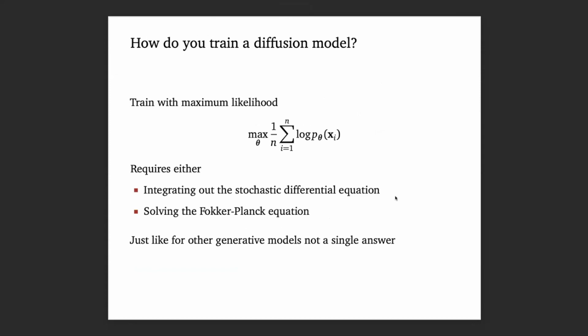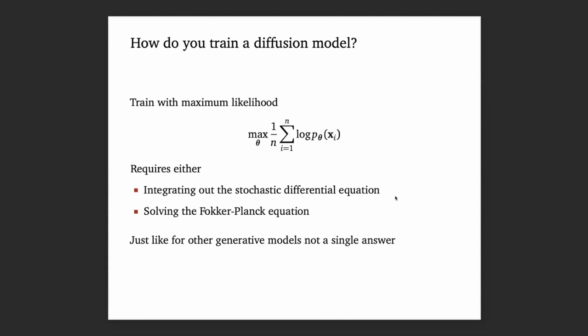So how do you train a diffusion model? There are lots of ways to do this. One way, if you were just thinking about it from other deep generative models, is to just train with maximum likelihood, like if we train a normalizing flow with maximum likelihood, or a VAE, which is a lower bound on the maximum likelihood objective. And this one here would really require a couple of things.